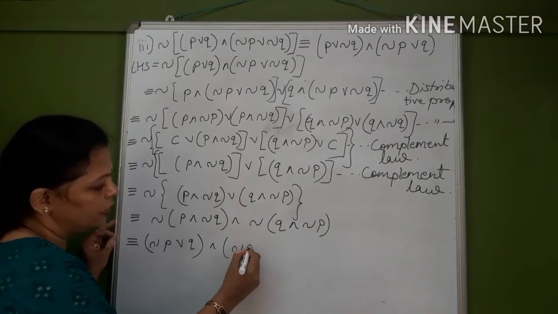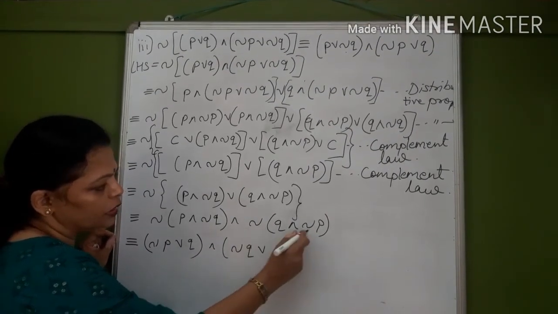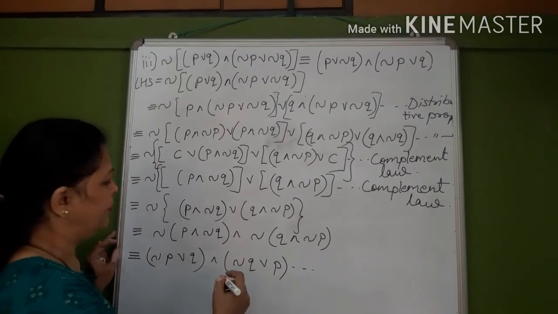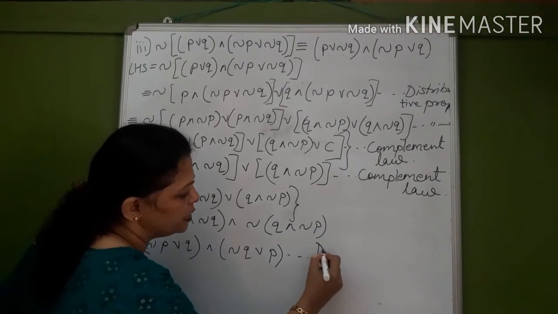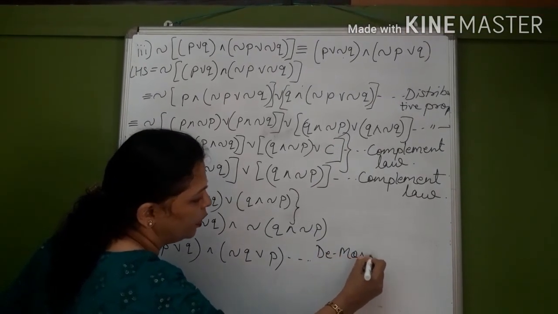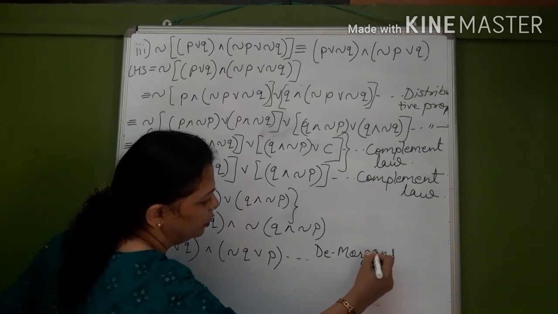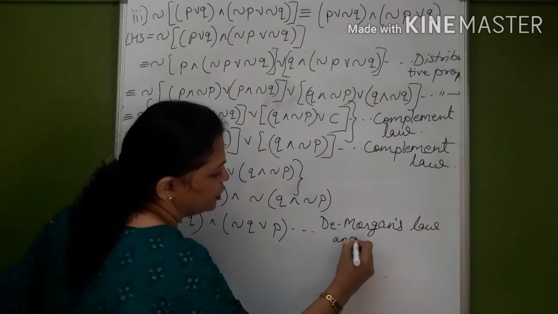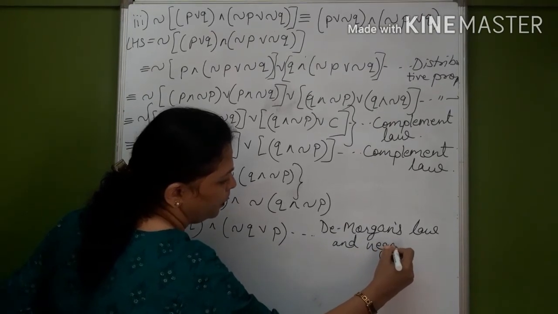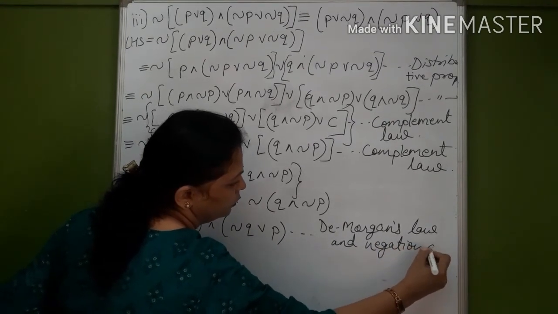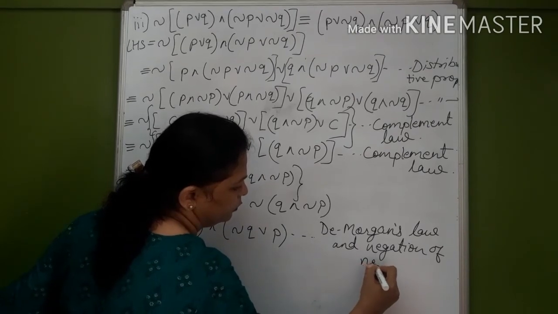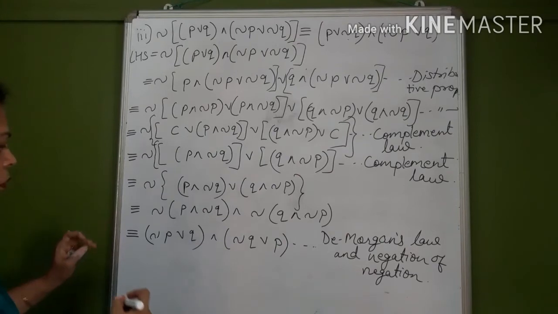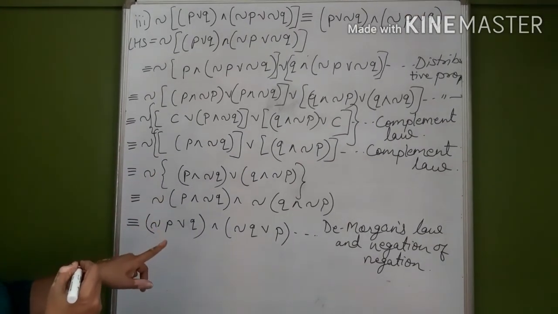So you get negation Q or negation of negation P will be P. So we have used the De Morgan's theorem or De Morgan's law and negation of negation. So what you get? Have you got this what we wanted?